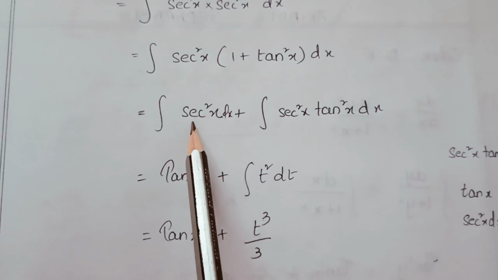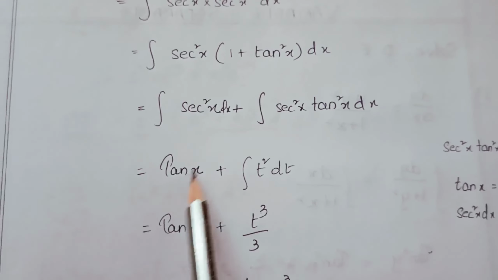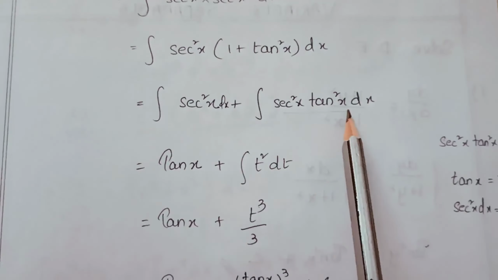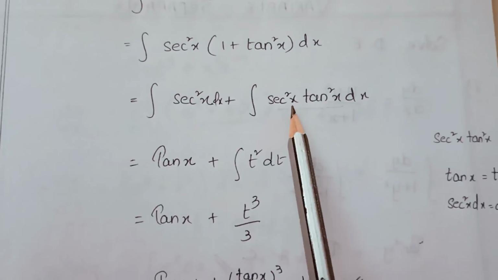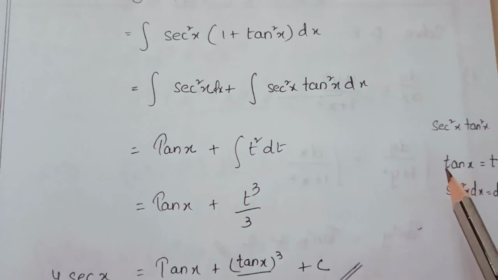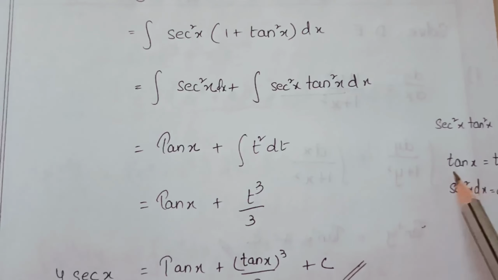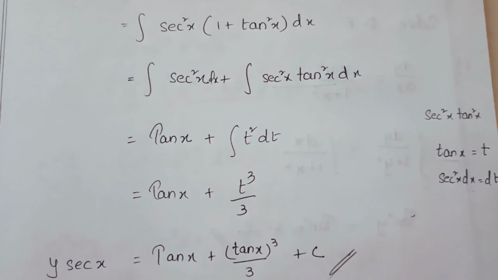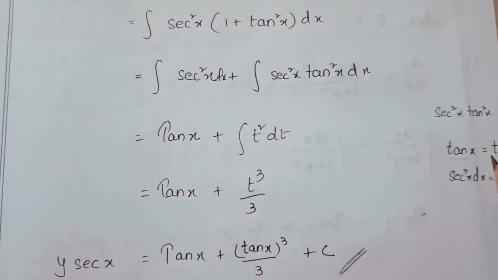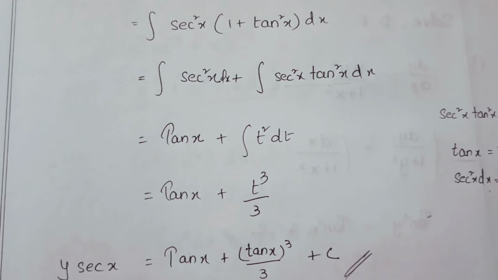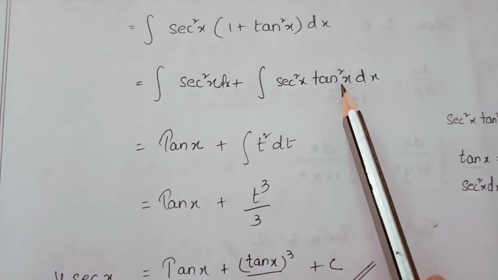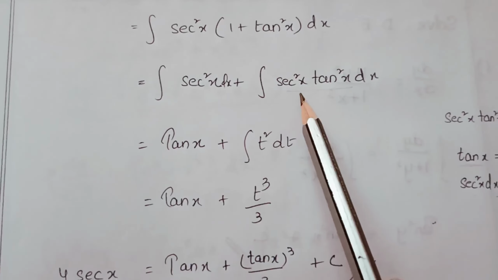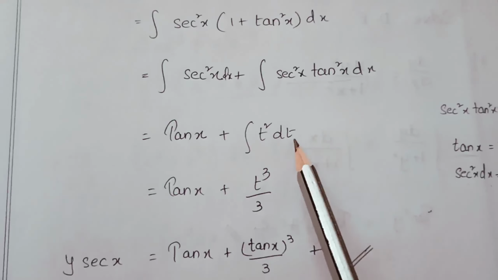Secant square integration is nothing but tan x, and for this we are using the substitution method. If you take tan x is equals to t, then its derivative is secant square x dx equals dt. So in place of tan x we have to substitute t. Here it is t square, and secant square x dx is nothing but dt.